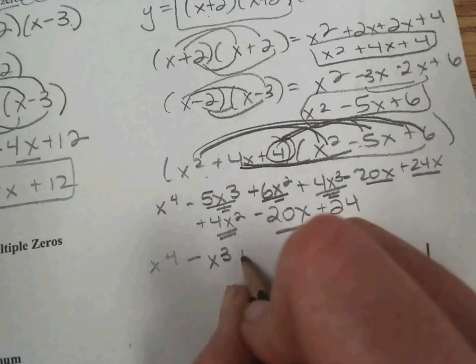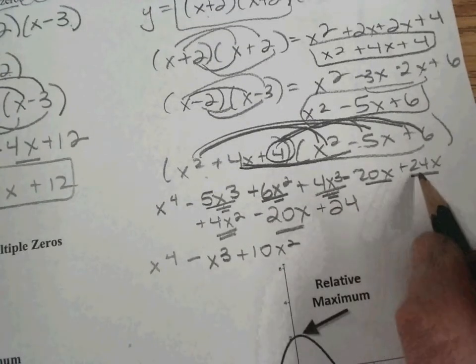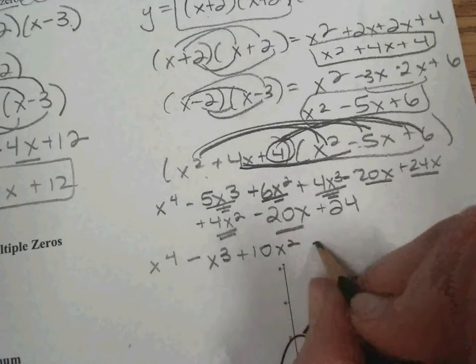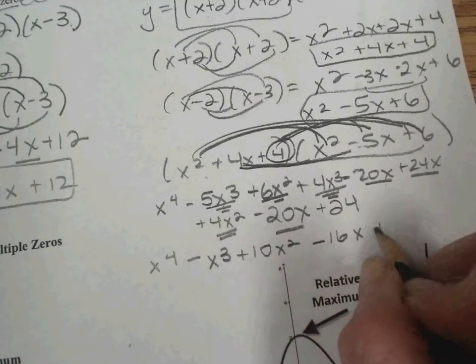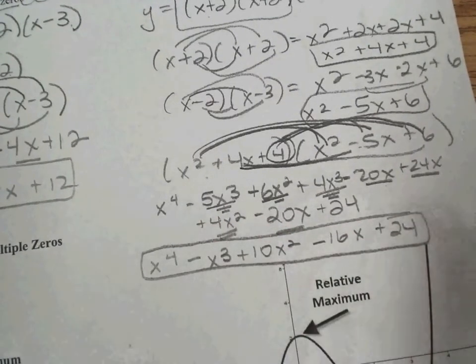And then we have our x squared and x squared, so 6 and 4 is 10x squared. And then we have our minus 20x plus 24x, so that's going to be a positive 4x, and then minus 20x, so that's going to be a minus 16x, and then plus 24.